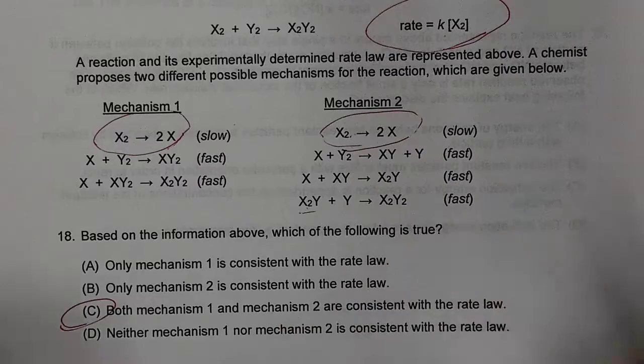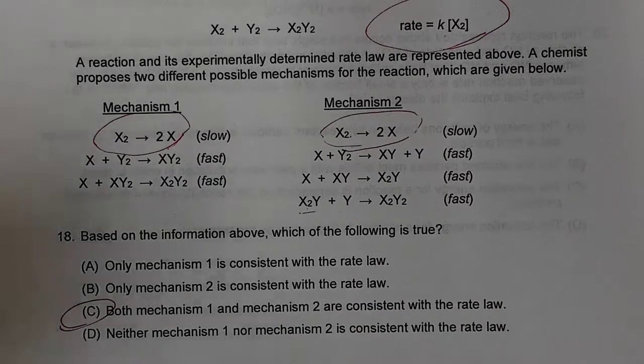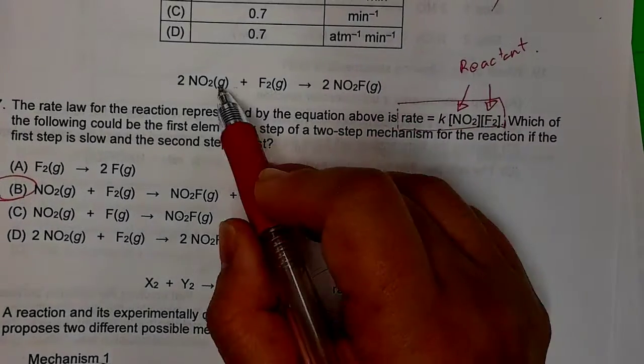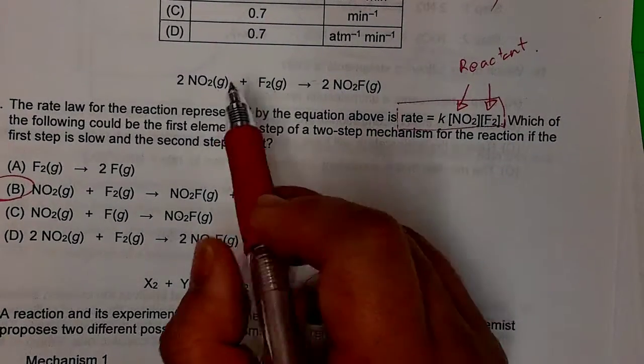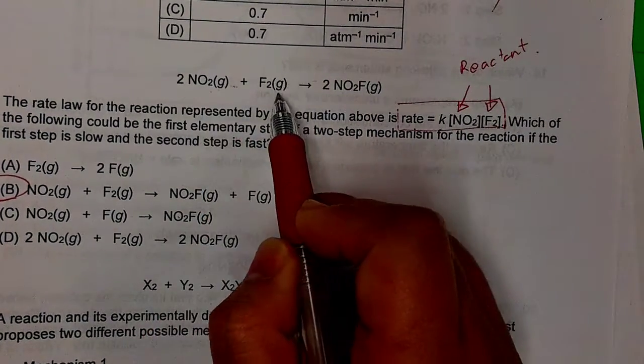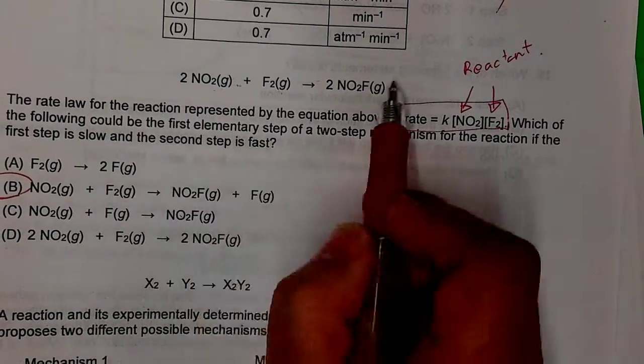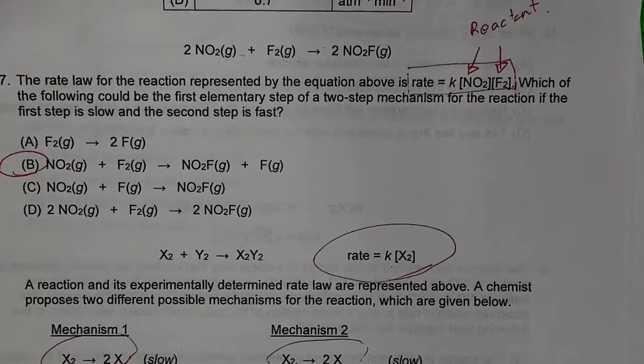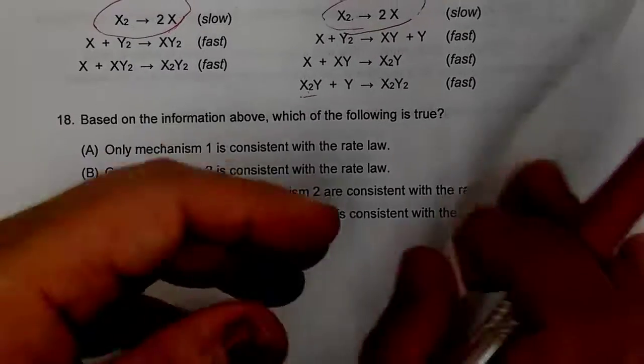But this is not slow, this is fast. So whatever one is slow. For example, if this were the elementary step, then it's going to be this squared times this times K. But this is not elementary, this is overall. So you have to find the elementary. Okay? Alright, 18 is C.